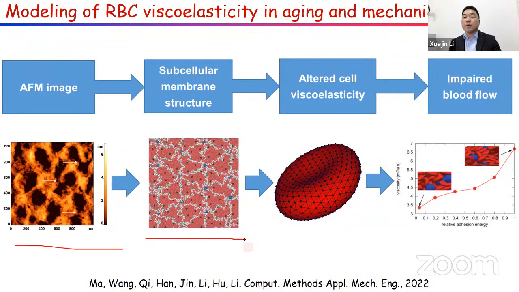And using this model, we can compute the shear modulus and the membrane viscosity of the cell membrane. Next, when we get these mechanical properties of the cell membrane, we can pass them to the DPD-based whole cell model and quantify the alteration of cell behavior in cell natural aging and mechanical fatigue.